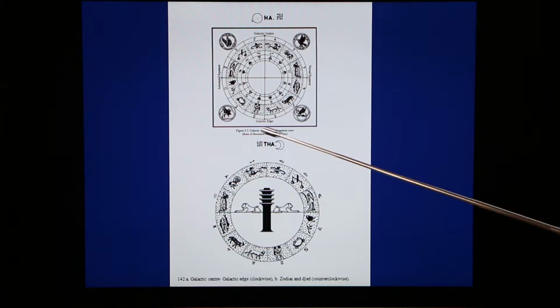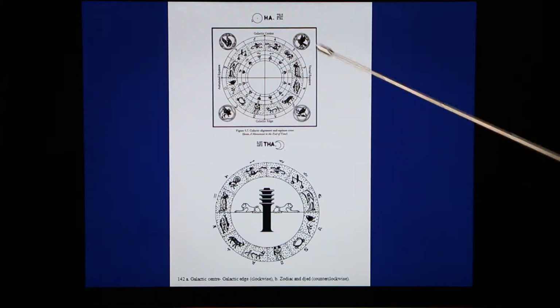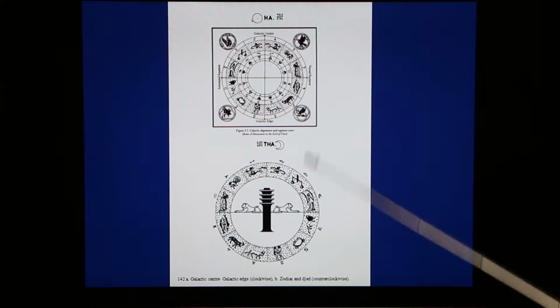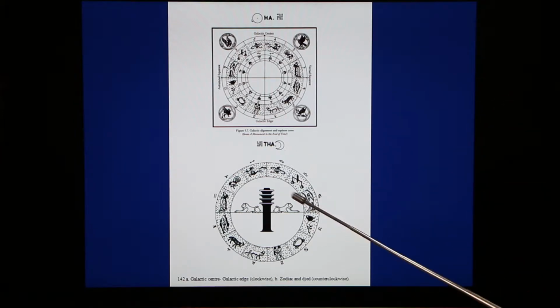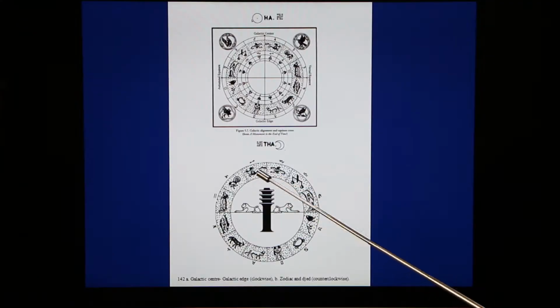And so you can look at the sky then as 12 zodiac signs, and then you can put a pillar, and that becomes the Djed pillar, which we saw with an Ankh on top of it yesterday. And then, of course, the division line at the top is between Scorpio, death, and then Sagittarius, life.